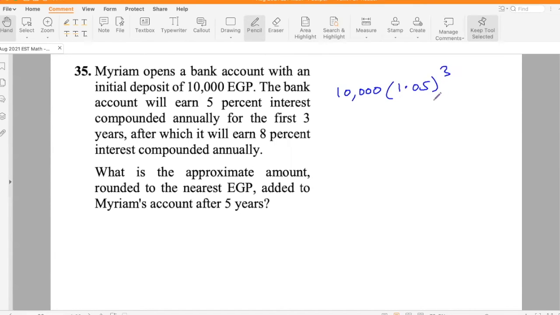That will be the total after 3 years. And on this, you will earn 8% for 2 years, right? Because in total you have to look at 5 years. So on this amount, it would be 1.08 to the power 2. So what is the total? Let's plug that in.